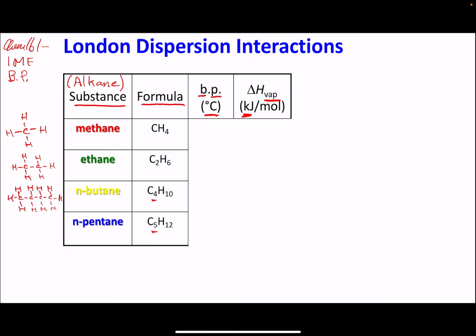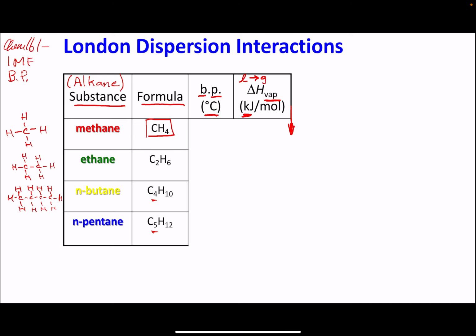If I had 6.022 times 10 to the 23 molecules of methane, we could list here the energy it takes to transition that from liquid to gas. So that's the energy to vaporize 1 mole of the compound. And we'll have entries for each of the methane, ethane, butane, and pentane molecules down the column here.